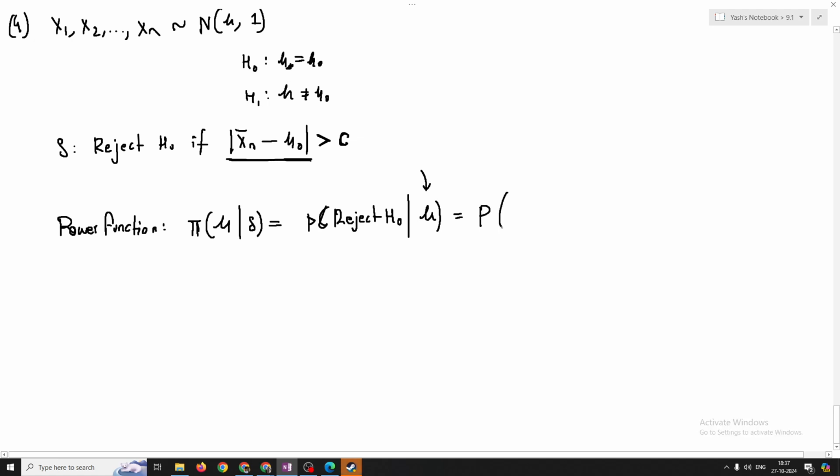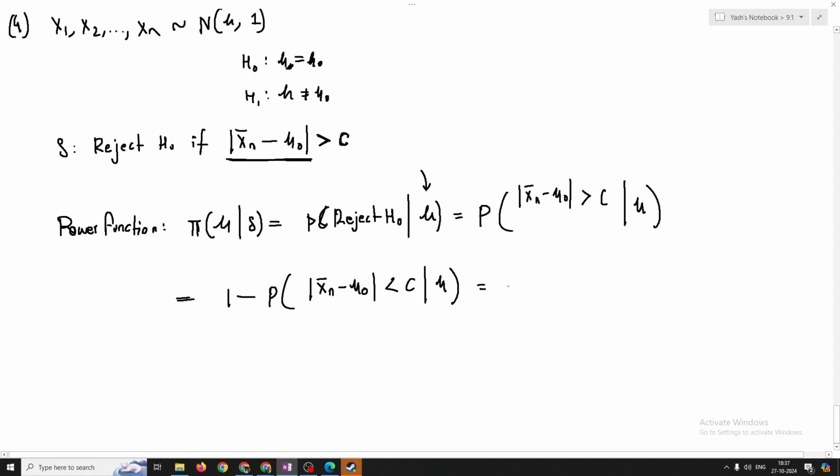So when do I reject my h naught? I reject my h naught if this mod of xn bar minus mu naught is greater than some c. Now what does this mean? This is just 1 minus the probability of xn bar minus mu naught being less than c, right, given mu.